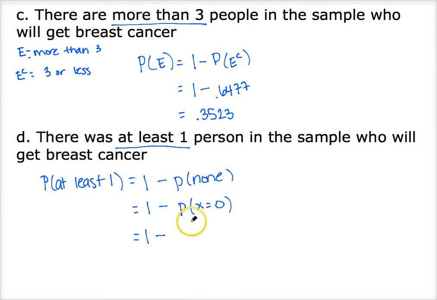Using the binomial probability table, we find that the probability that x equals 0 is 0.0388. So the probability that at least one person will get breast cancer is 0.9612.